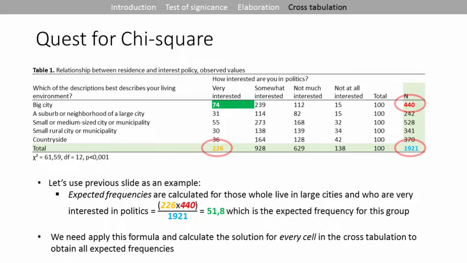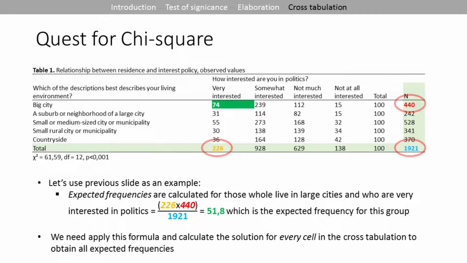Now, second part of the quest for chi-square. Let's use the previous slide as an example. Expected frequencies are calculated for those who live in large cities and for those who are interested in politics by using the marginal distribution there. We have the column there and the row there. With the red circles, we see the yellow numbers and the red numbers there.